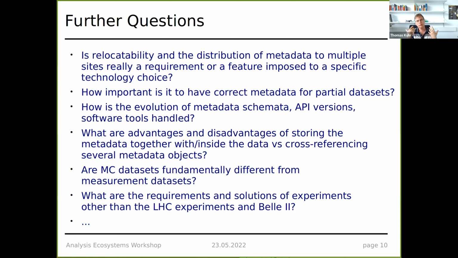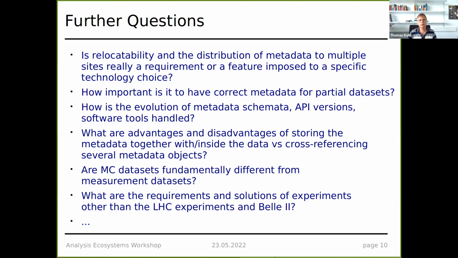Or is it something where we have some solution in mind, and then this is what we think should be a requirement? For example, there was a discussion about caching, some centrally maintained metadata instance with caching. Does it solve the problems that we have, or what is really the use case that requires relocatability?